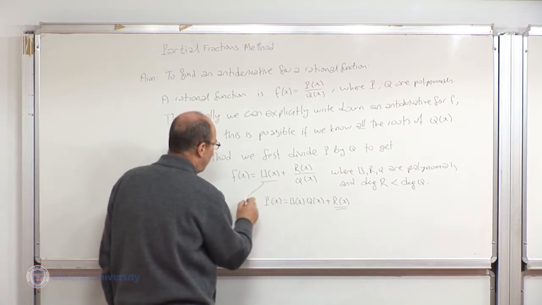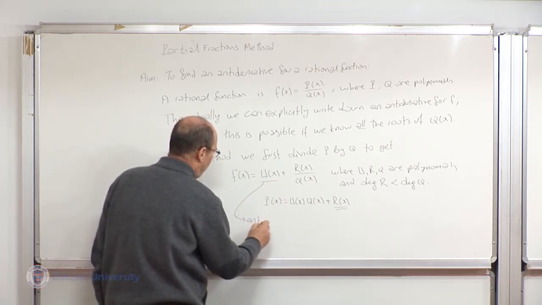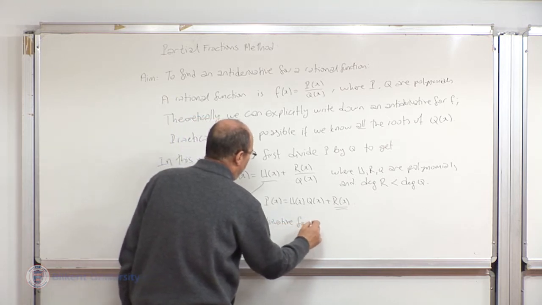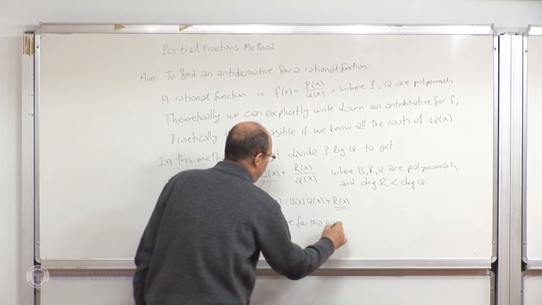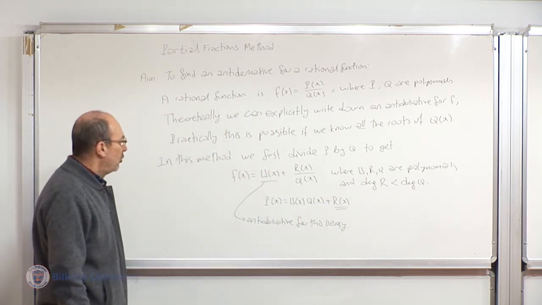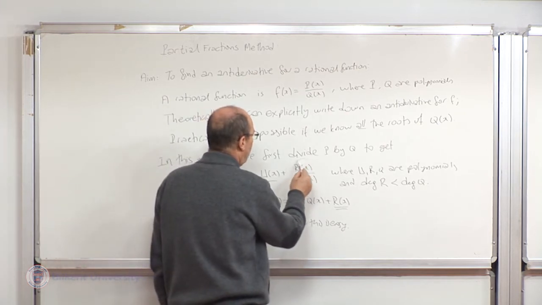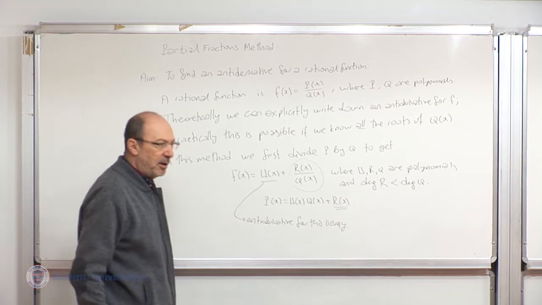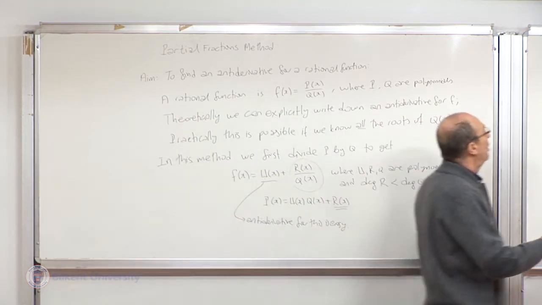Antiderivative for this is easy. It's just polynomial integration. So it remains to solve the case when the degree of the numerator is less than the degree of the denominator.